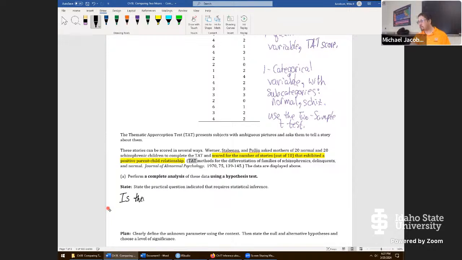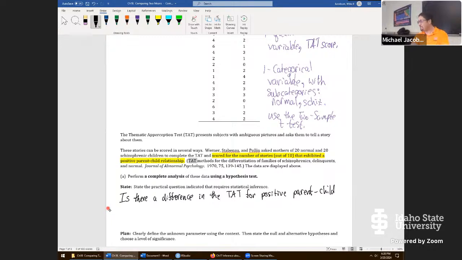Is there a difference in the TAT, the Thematic Apperception Test, for positive parent-child relationships, or however they define that?